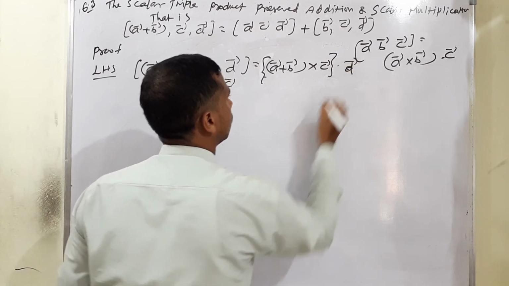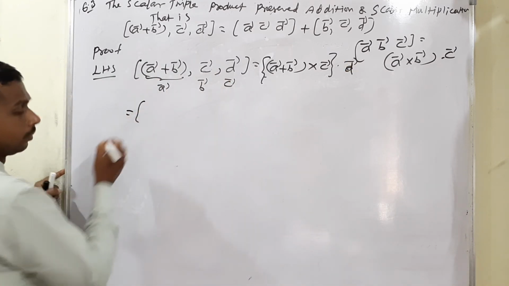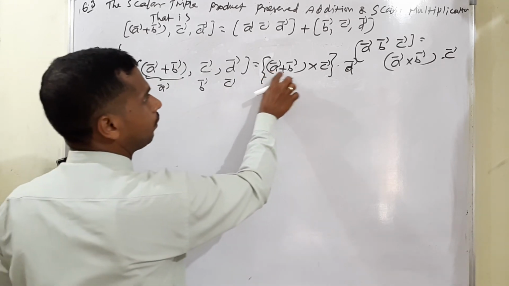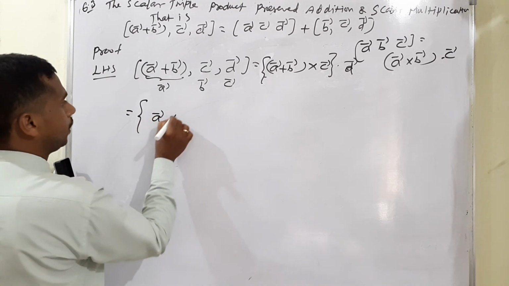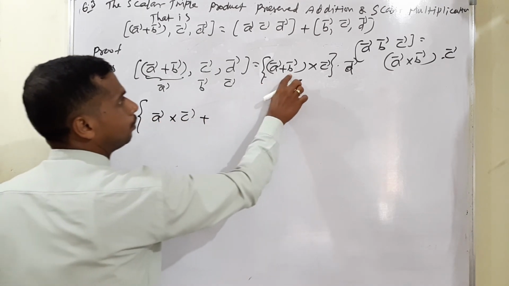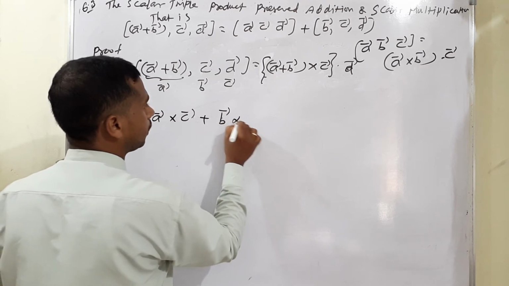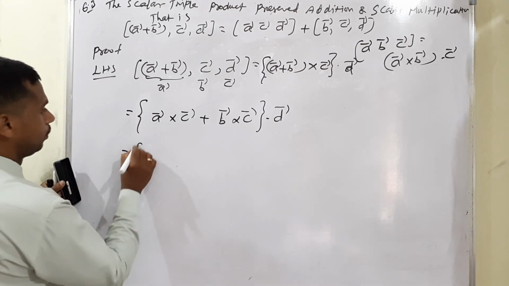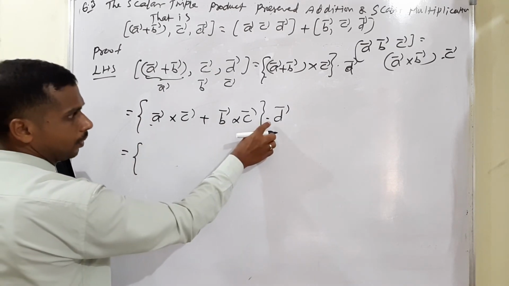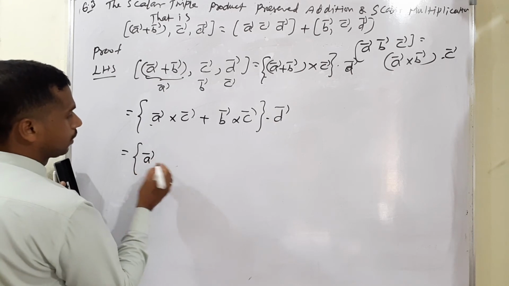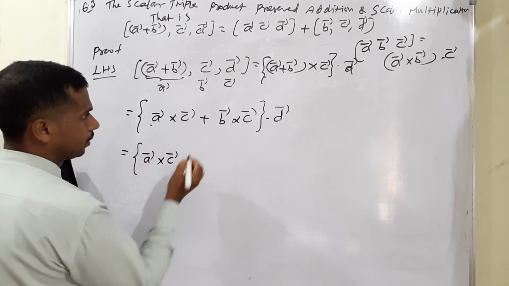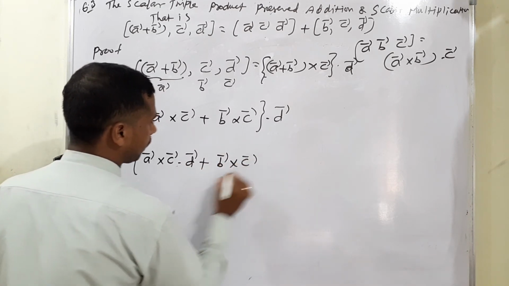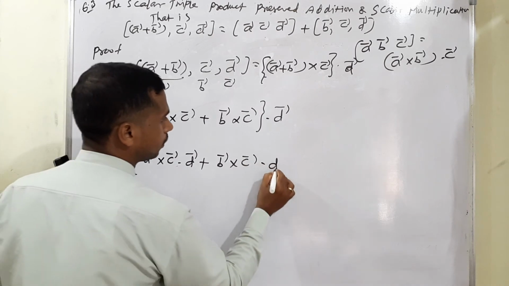Now multiply: A vector cross C vector plus B vector cross C vector, outside dot D vector. Again, each term dot D vector. Therefore A vector cross C vector dot D vector plus B vector cross C vector dot D vector.